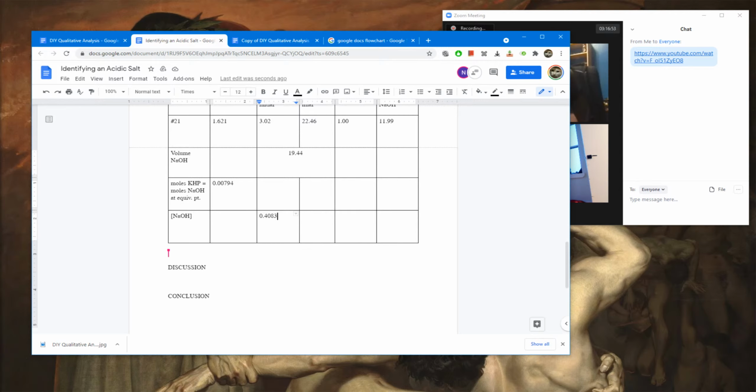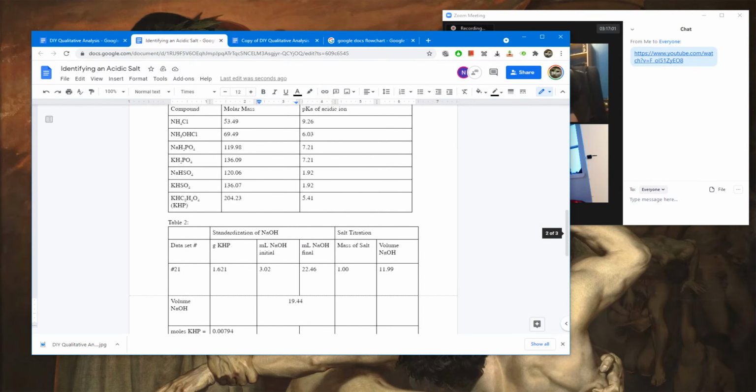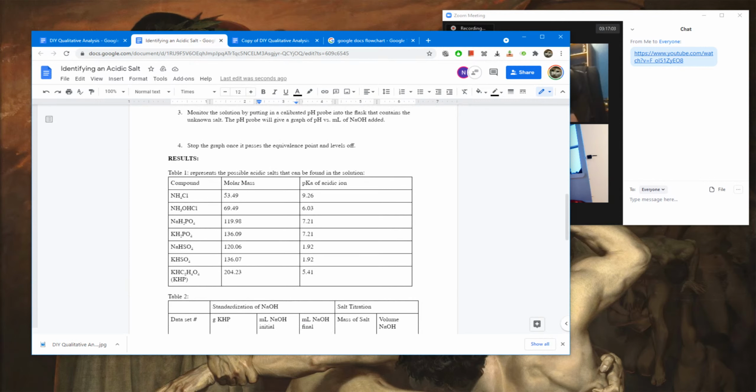And then the molar mass of the acidic salt. So wait, hold on. Molar mass of the acidic salt. We do the titration thing. Okay, so we have that.